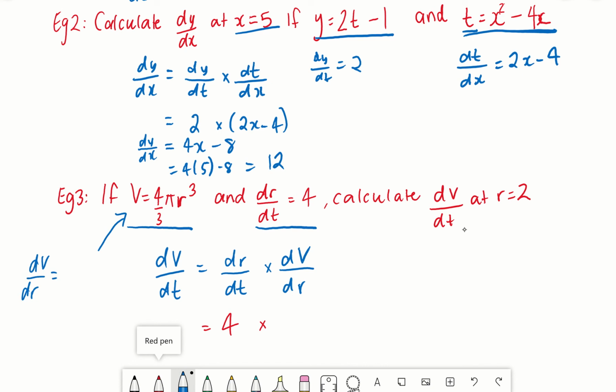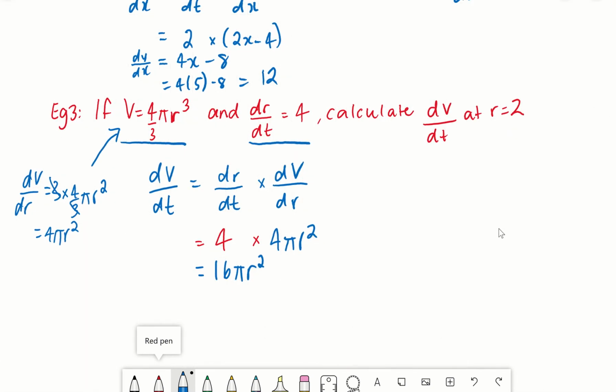If I differentiate that, pi is just a number, 4 on 3 is a number, so it's going to be 3 timesing by 4 on 3 pi r squared. My 3's will cancel, so the derivative is just 4 pi r squared. So 4 pi r squared, which gives me a final answer of 16 pi r squared. Then they want what that is, so that's what dv on dt is.